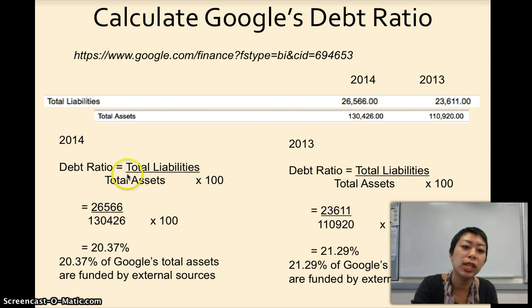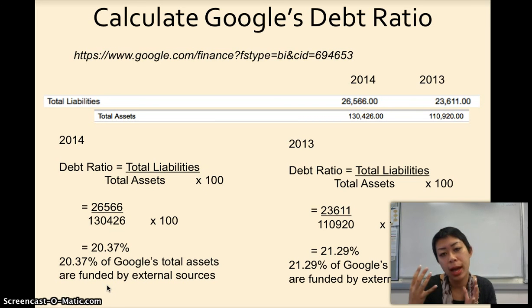In 2014, both figures have increased. So total liabilities have increased and total assets have increased. Looking at the debt ratio, 20.37% of Google's total assets are funded by external sources. So over the 2 years, the debt ratio has fallen. We've got more liabilities, but an even greater amount of assets.